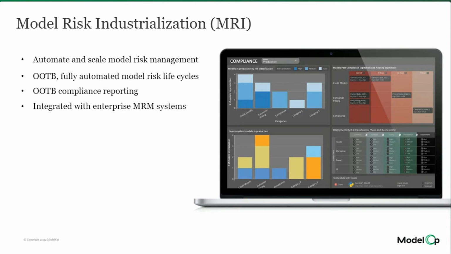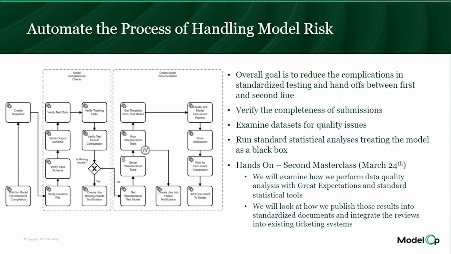To do that, we provide some fully automated model risk life cycles as examples, based on SR 11-7 and things like that, that come out of the box, but they are modifiable, as you've seen in the past. They can be adapted to your business and how you manage risk and interact with things you already have, as well as compliance reporting we can do out of the box, and also integrating with existing investments you've already made with MRM situations.